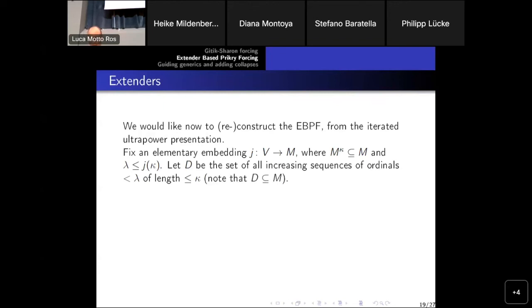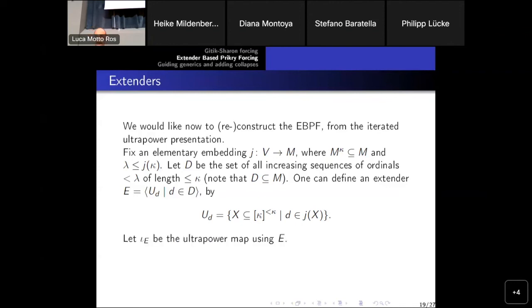Okay. So I would have to define what is an extender. So we are going to use the definition of Merimovich for an extender, in which we are looking at measures measuring strictly increasing sequences of length less than kappa, and the generators are going to be increasing sequences of length at most kappa, below lambda.